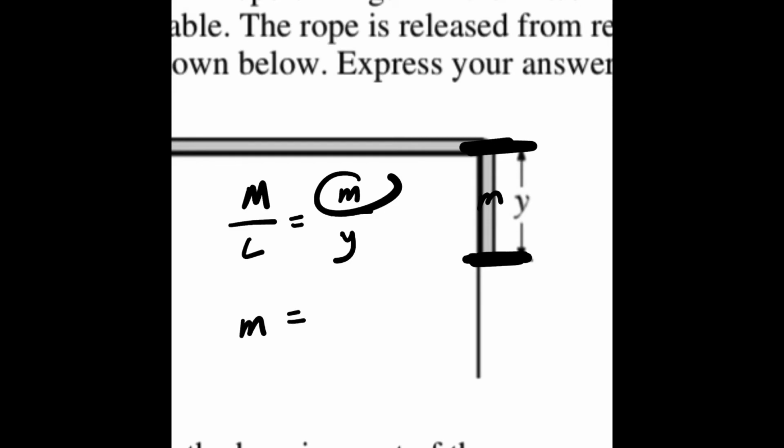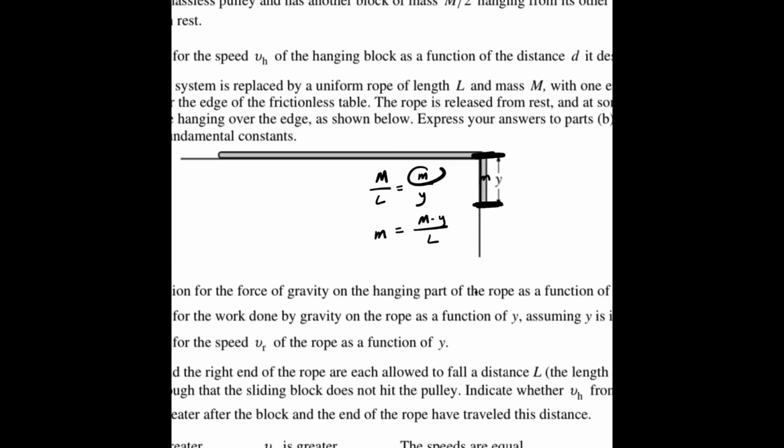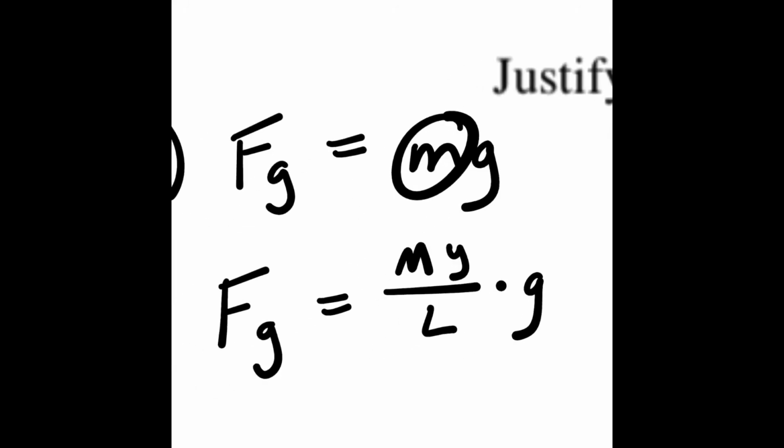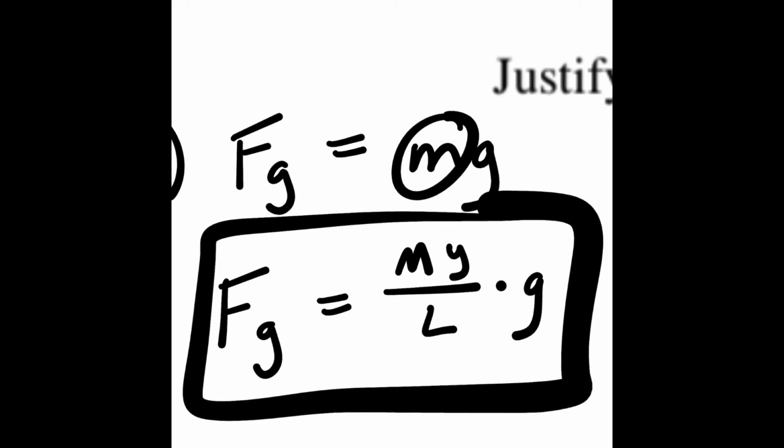So that mass is going to be equal to m times y divided by L. We make that substitution down here, and that's going to be m times y divided by L times g is going to be equal to my force of gravity. All right? The key there was just a ratio between the portion of the rope that's hanging off to the portion of the rope that's the total. 2 points here for a correct expression. Okay? All of it rides on getting that correct answer.